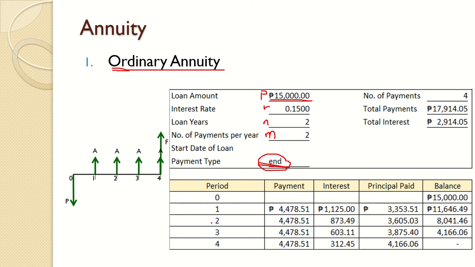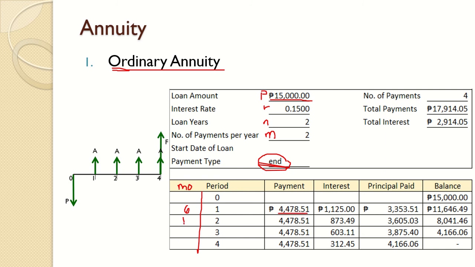So if these are in terms of semi-annual payment, meaning the first period is the first 6 months. So this is in terms of months. If we will be presenting this in terms of months, so this is at the end of the 6 months, meaning at the end of the 6 months, you pay for this certain debt.